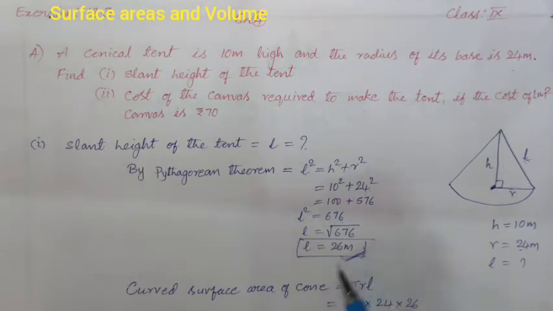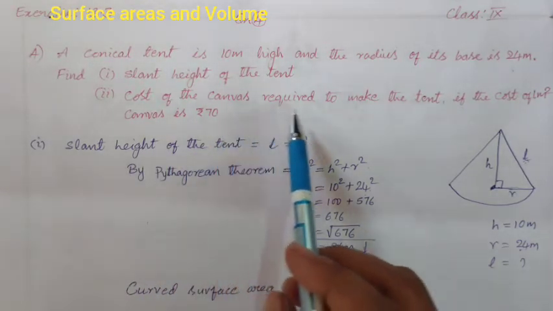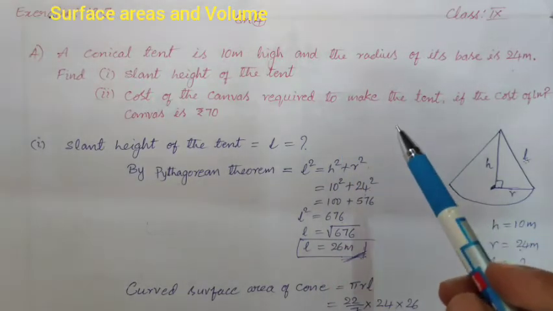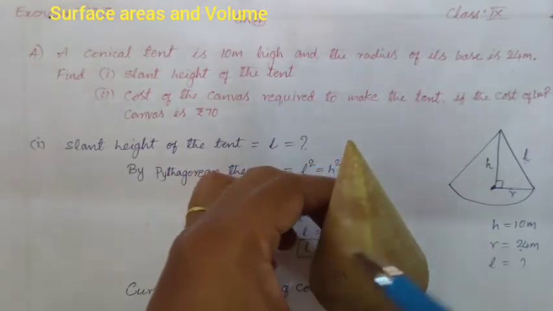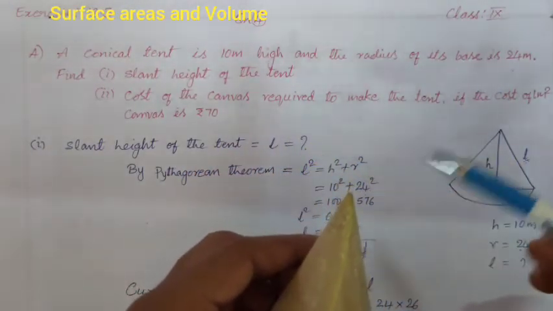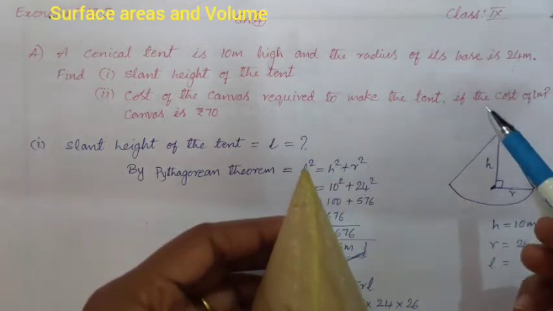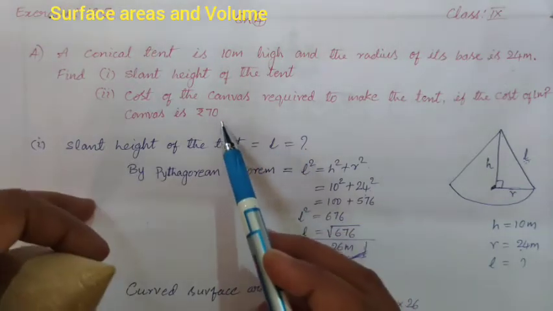So the slant height of the cone will be 26 meter. Then we can find the cost of the canvas required to make the tent. For making this tent, it requires canvas. The cost of 1 meter square of canvas is rupees 70.